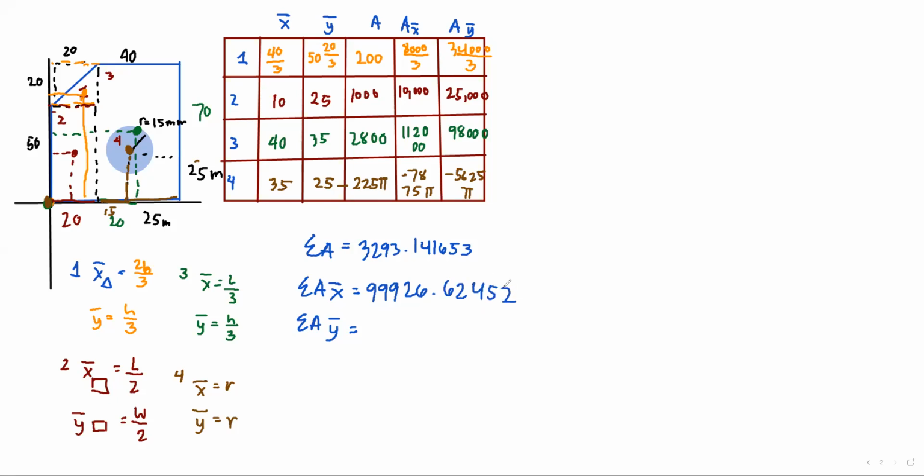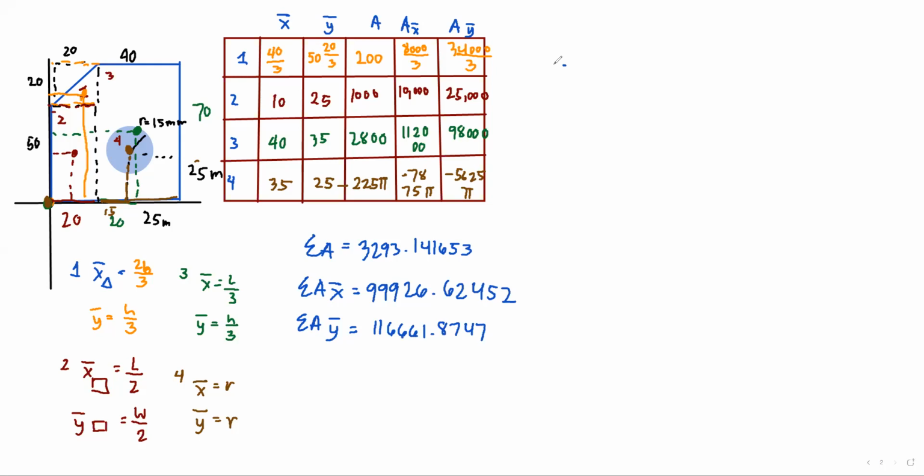Next, 34,000 over 3 plus 25,000 plus 98,000 minus 5625 pi. Okay, so equal to 116,661.8747. So, pwede natin ngayon makuha yung coordinate ng mismong drawing natin.